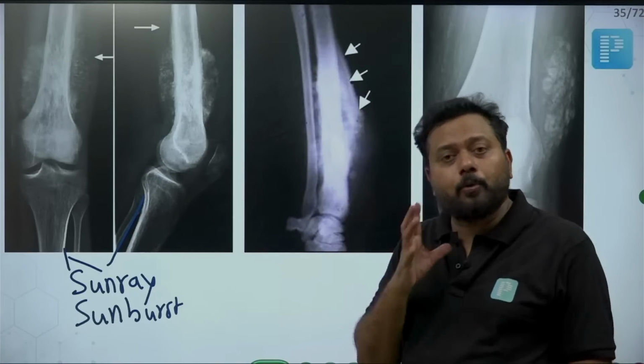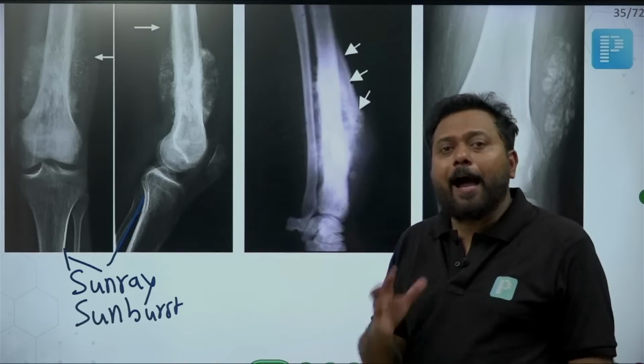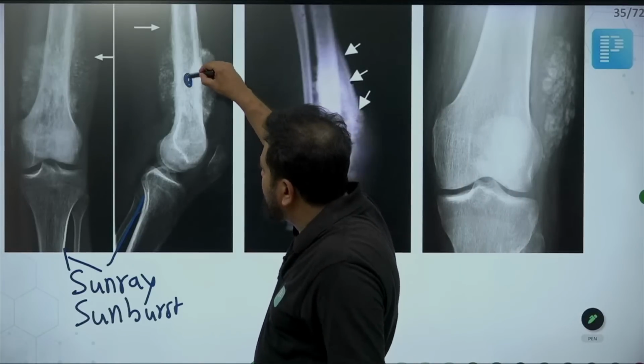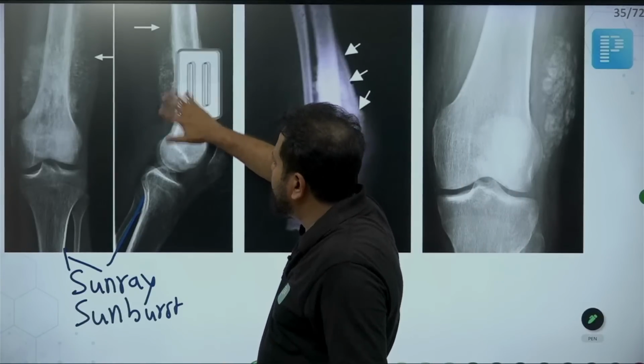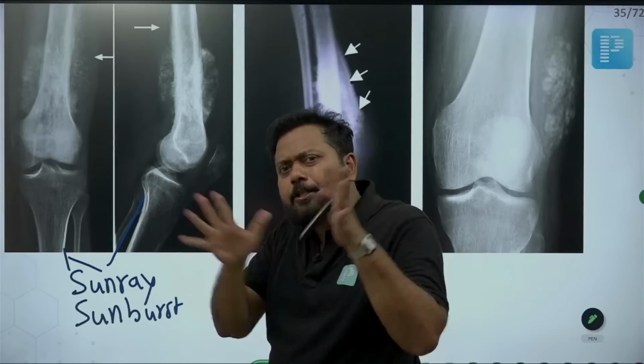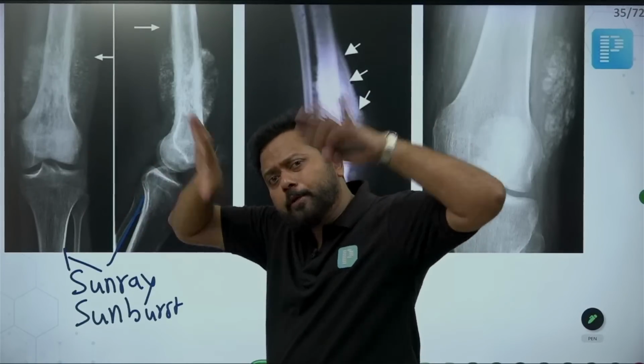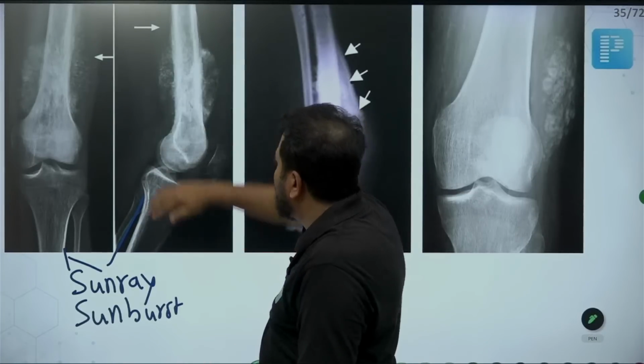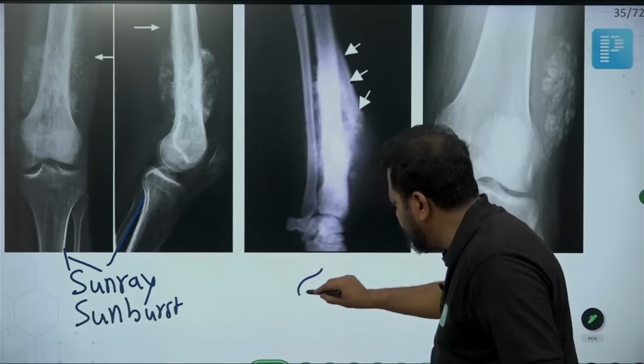You see, sun ray appearance, how is this happening? Sarcoma means a highly vascular tumor. So the center of the tumor will be here. Sarcoma means a lot of blood vessels, and they will move from the center towards the periphery like this.